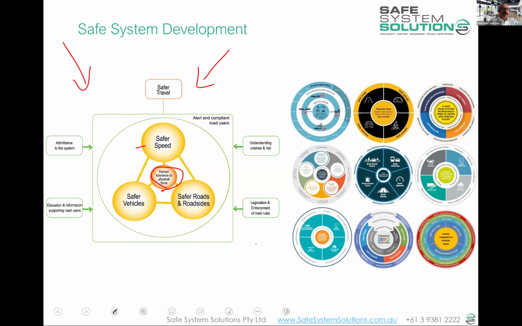Then there was speeds, vehicles, and roads and roadsides, and a circle drawn around that. And that was actually it. That was the safe system. And that sort of split the room. This was at an Austroads level, but it split the room. And half of the room said, well, hang on a second.